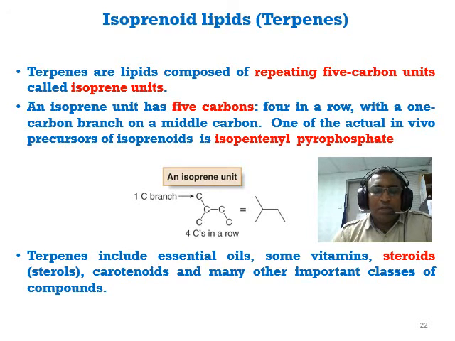These 5 carbons can be put together to build other terpenes such as essential oil, vitamins, as well as these steroids or sterols, which will be of interest where we will learn about cholesterol as well as steroidal hormone. You also can build carotenoid. Carotenoids are the pigment found in carrot.